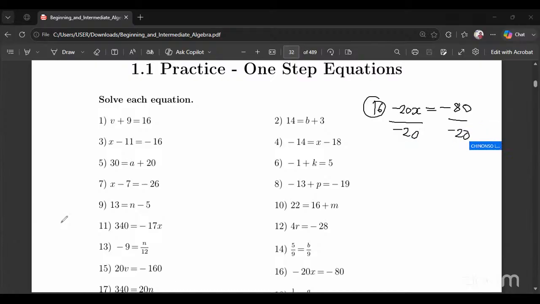The negative signs appear on both the numerator and the denominator, on both the left-hand side and the right-hand side, so they cancel out. Then we're left with x is equal to 80 divided by 20, which is equal to 4.